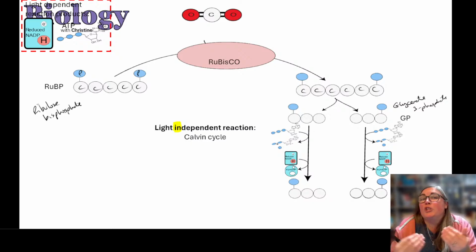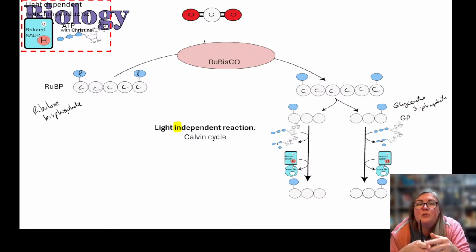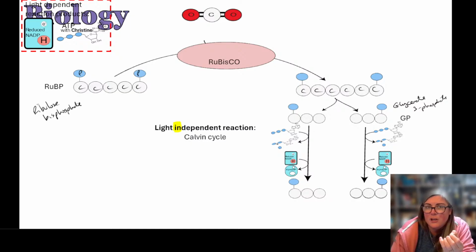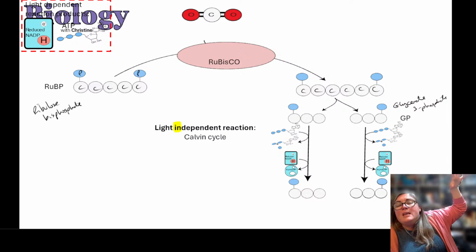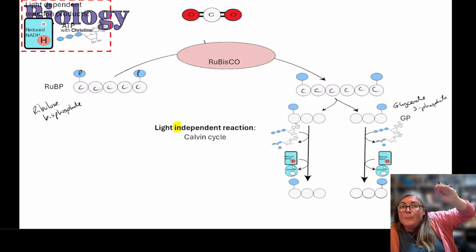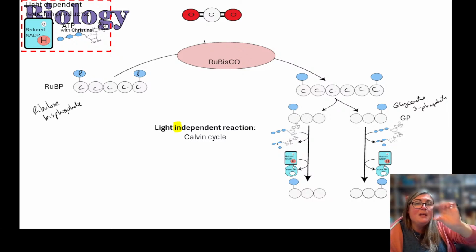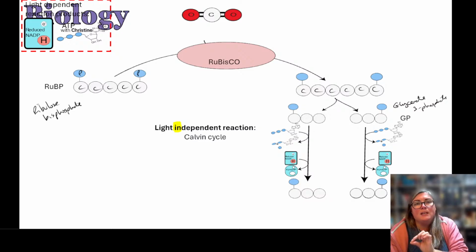Now, if there's no GP available, because there was no carbon dioxide to convert the RuBP into GP, then my reduced NADP cannot drop off its passengers. So if there's not enough carbon dioxide, that's going to limit the rate of photosynthesis.